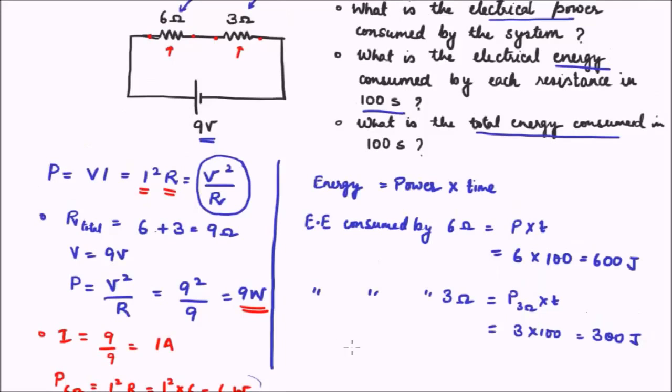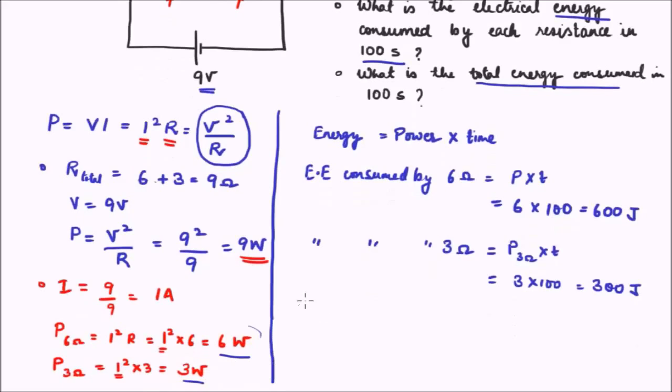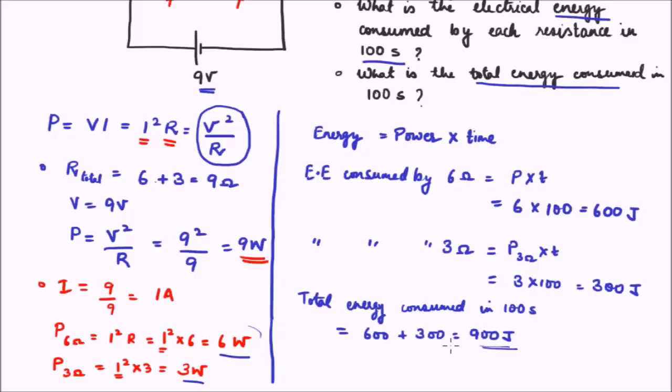Now the final part, using these two pieces of information, we can find the total energy consumed in 100 seconds. That is basically energy consumed by 6 ohm resistor and the energy consumed by 3 ohm resistor, which adds up to 600 plus 300, and that gives me 900 joule of energy consumed by both the resistors combined.